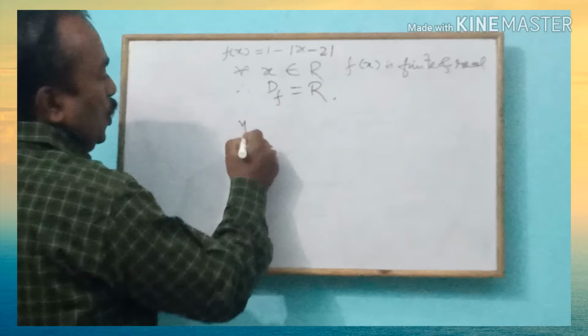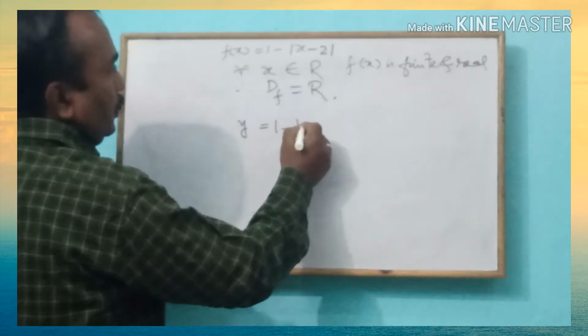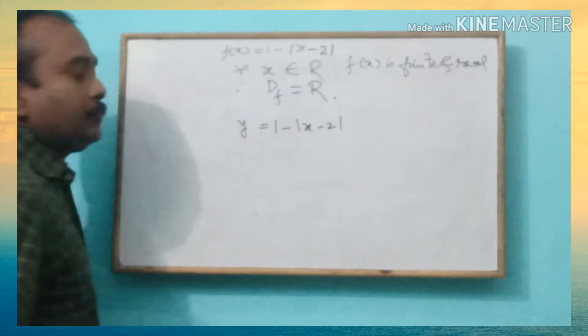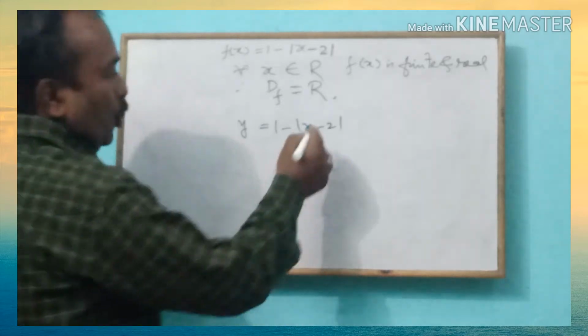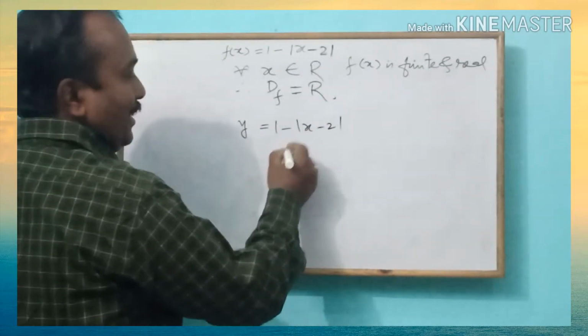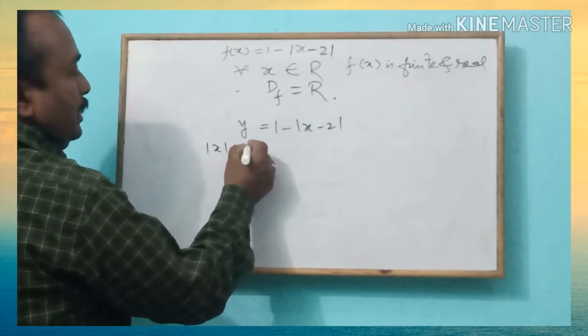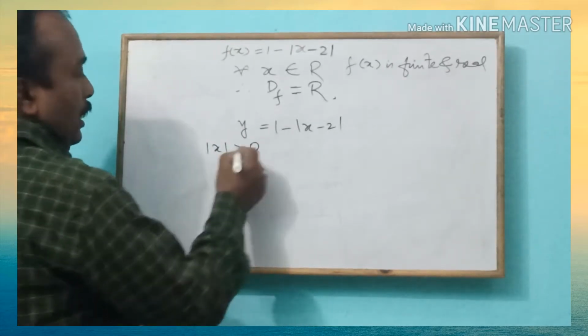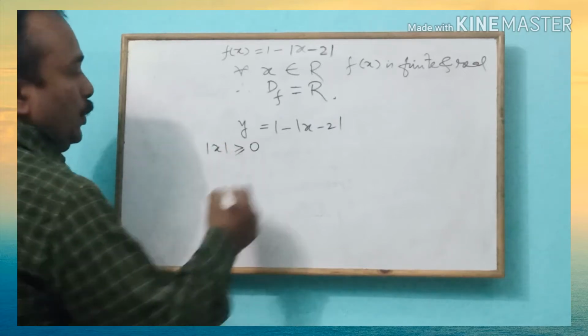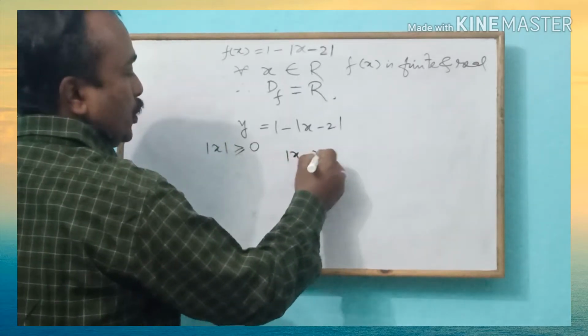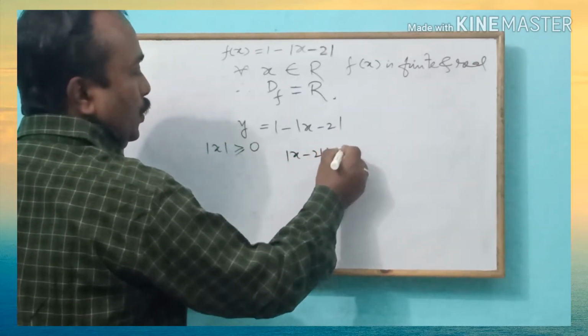Let this be equal to y. We know that the modulus of a function is always greater than 0. We know the modulus of x is greater than 0, equal to also we can say if x is 0. So |x - 2| is greater than or equal to 0.